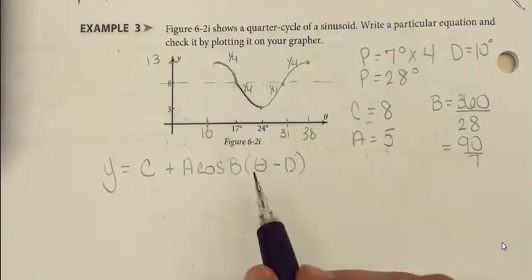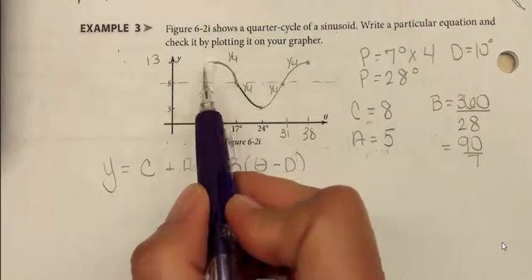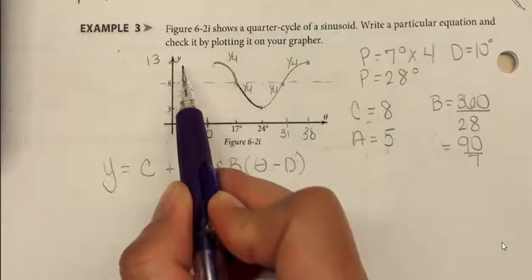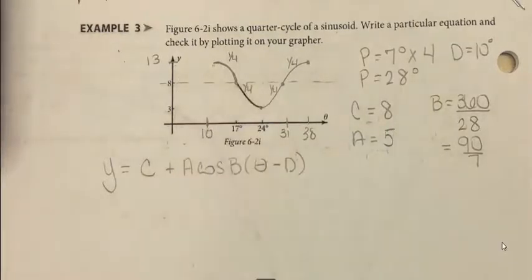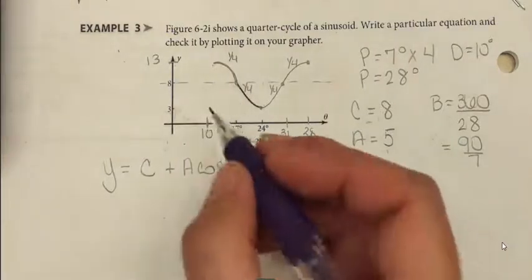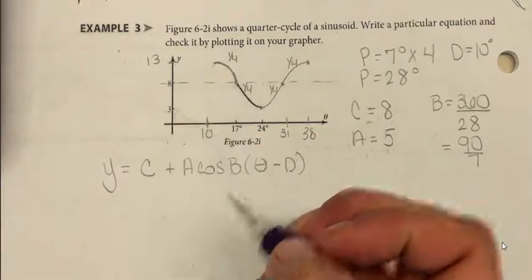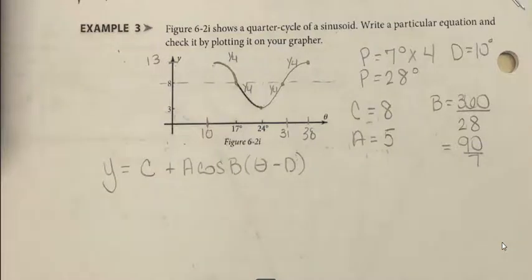Now, there's a million different ways to do this. You could say it was shifted, let's see, 40 degrees. You could say it was shifted a whole bunch of different multiples of this. So it's going to be difficult when I grade these because you're all going to come up with different types of equations, okay?